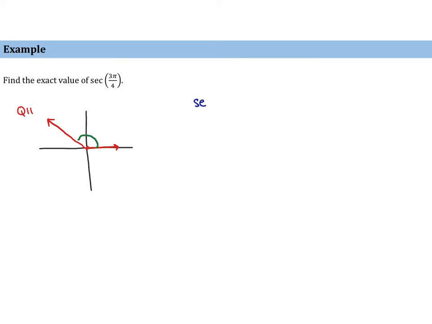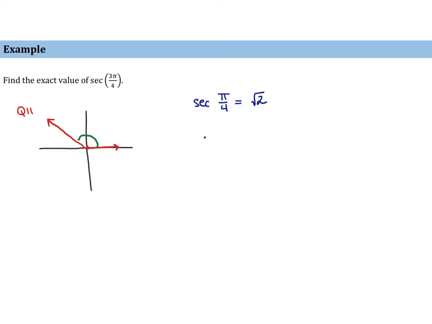So we know the secant of pi over 4. Well, what's the cosine of pi over 4? Cosine of pi over 4 is root 2 over 2. So secant of pi over 4 is the reciprocal of that, square root of 2.